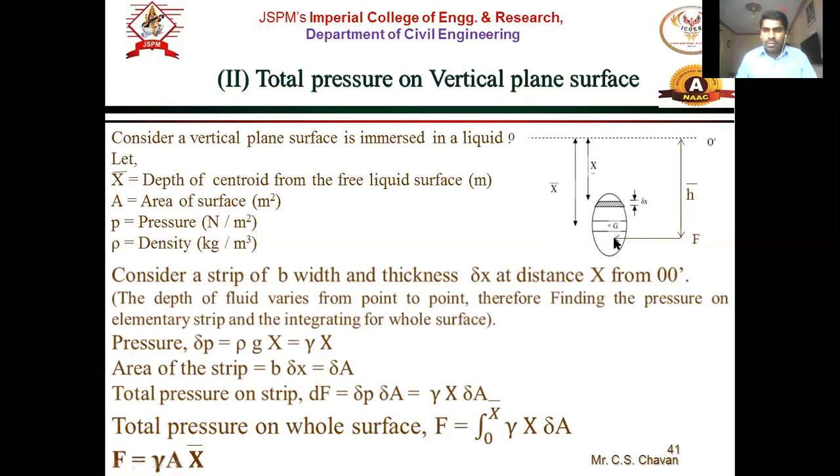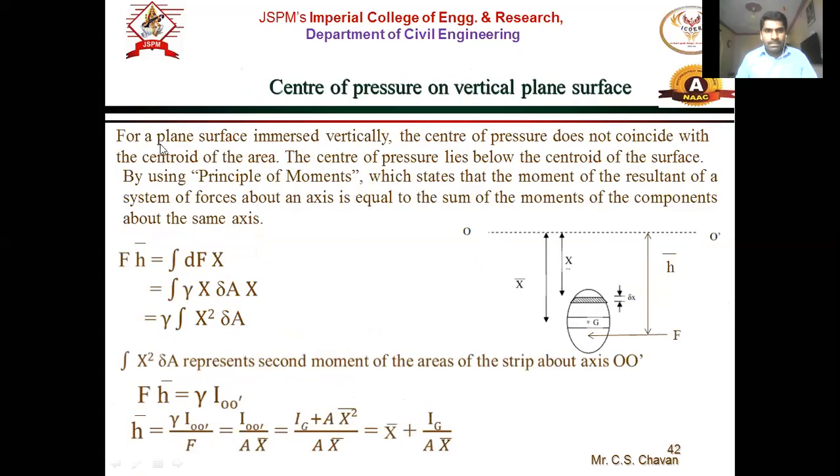The moment of the total pressure will be F into h bar. Now what will be the second moment? That is the resistive moment. The resistive moment will be this pressure, so the pressure, that is delta P into this distance x, that is the moment of the delta P part. So these two moments will be equated, right?